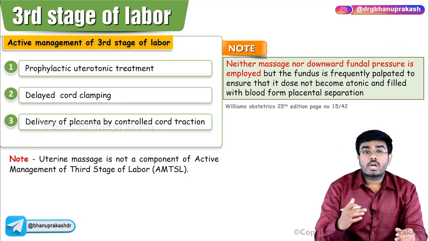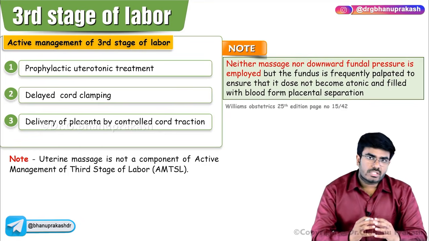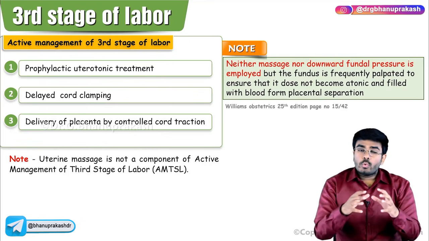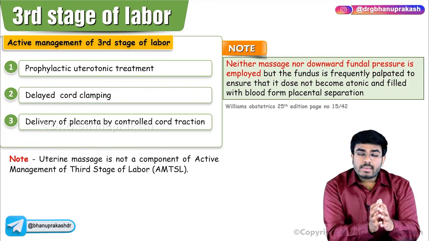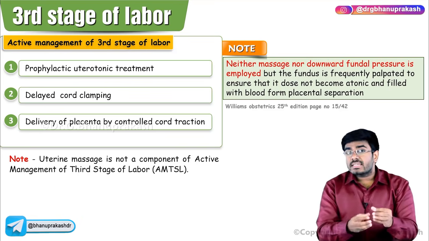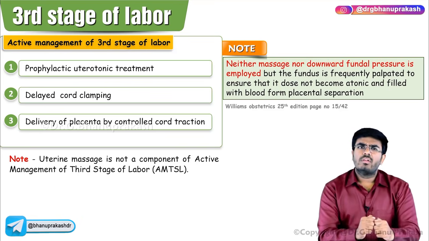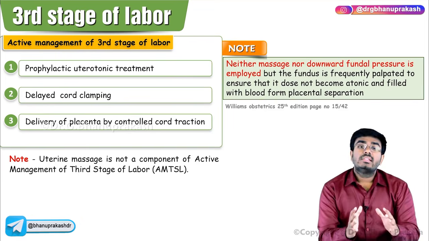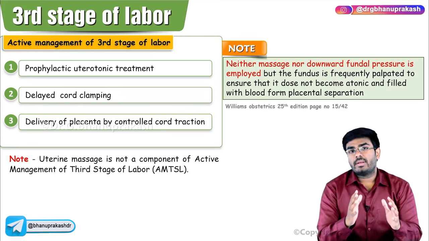Now after this, let's talk about active management of the third stage of labor. What exactly is active management, guys? We are assisting in the separation of the placenta. Okay, the placenta is not separating on its own; we are assisting in its separation. First of all, why do we have to do active management of the third stage of labor? Because there is a risk of postpartum hemorrhage.